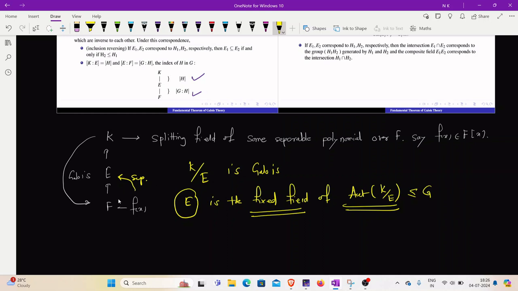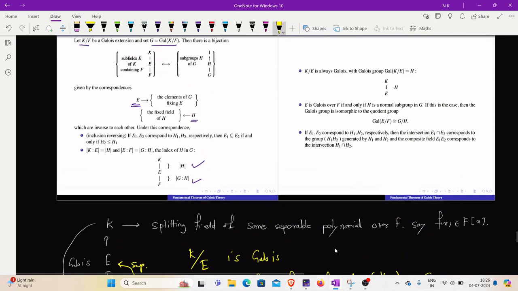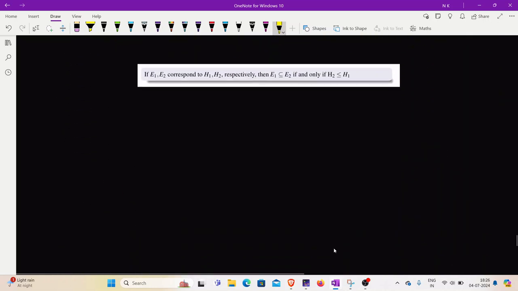Now after proving that, we'll show one by one the five statements that are already stated above. Firstly we will prove that if E1 and E2 correspond to H1 and H2 respectively, then E1 is contained in E2 if and only if H2 is a subgroup of H1. So let's prove this.